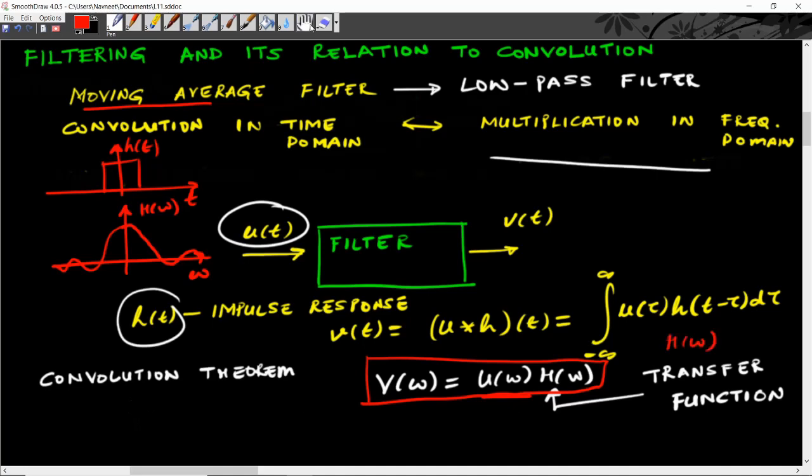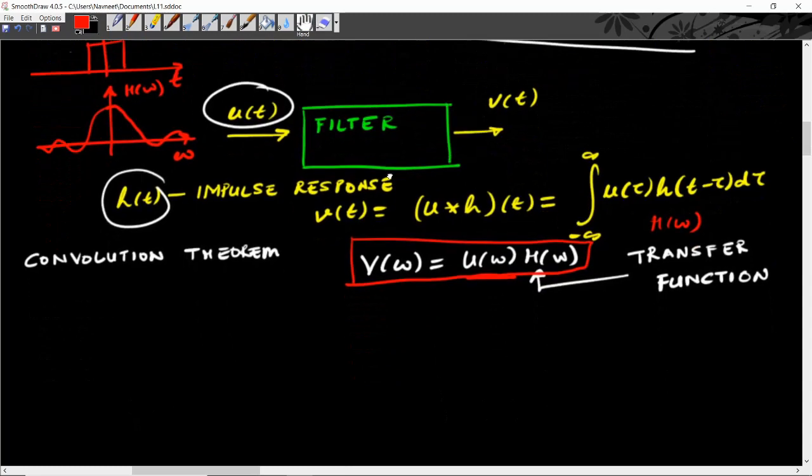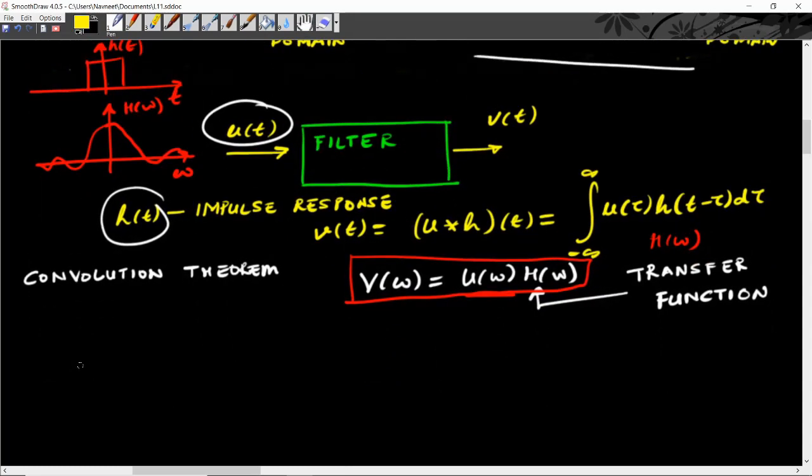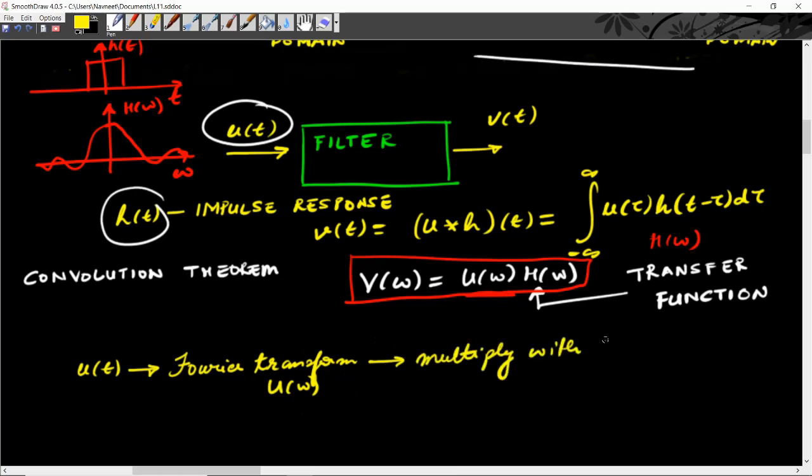So the whole process of filtering can be summarized as: you begin with an input signal u of t, then you take the Fourier transform, and this will give us u of omega. And once we have the Fourier transform of our input signal, we'll multiply with the transfer function h of omega, and this will give us v of omega equal to u of omega times h of omega.